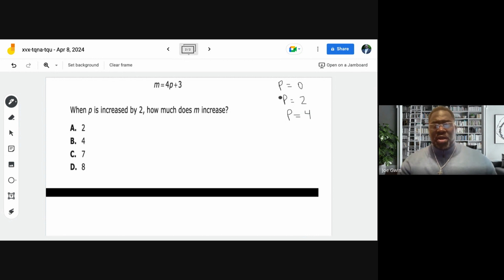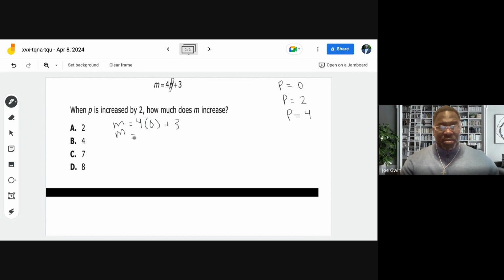Okay, so P equals 0. I'm going to plug that in here. So M equals 4 times, and I said P is 0. I'm plugging that in and putting it in parentheses since I'm substituting. So plus 3. So now we have M, because we're going to see what's happening to M as P is increasing by 2.